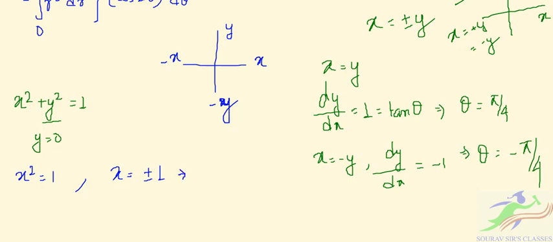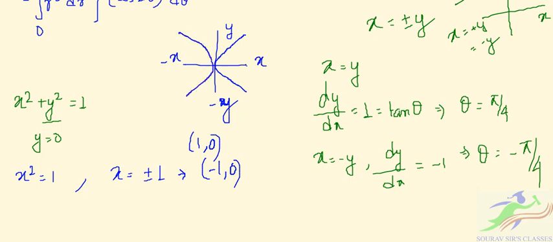The maximum value will be at minus 1 comma 0 and 1 comma 0. So the curve will have a maximum on this axis, 1 comma 0 for x positive, and here for x negative. So we have to find the area. It will look like this, in this manner you can see.